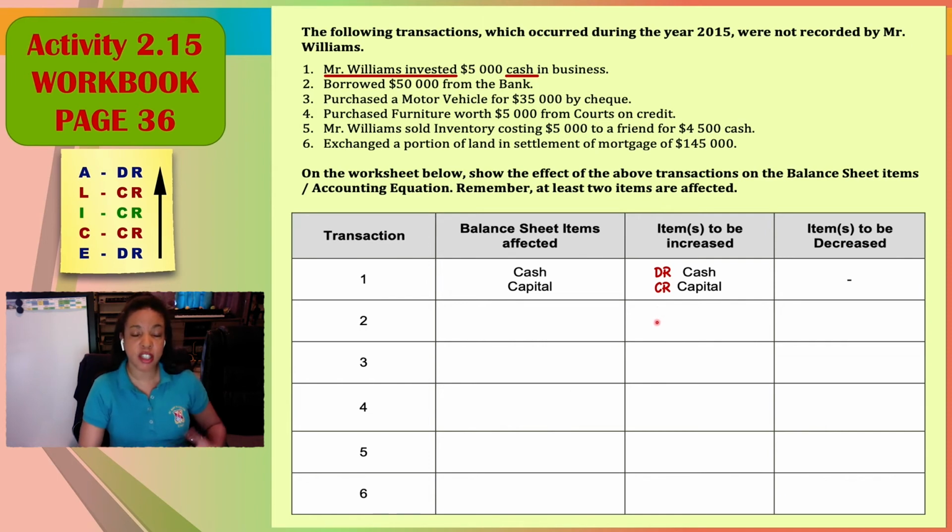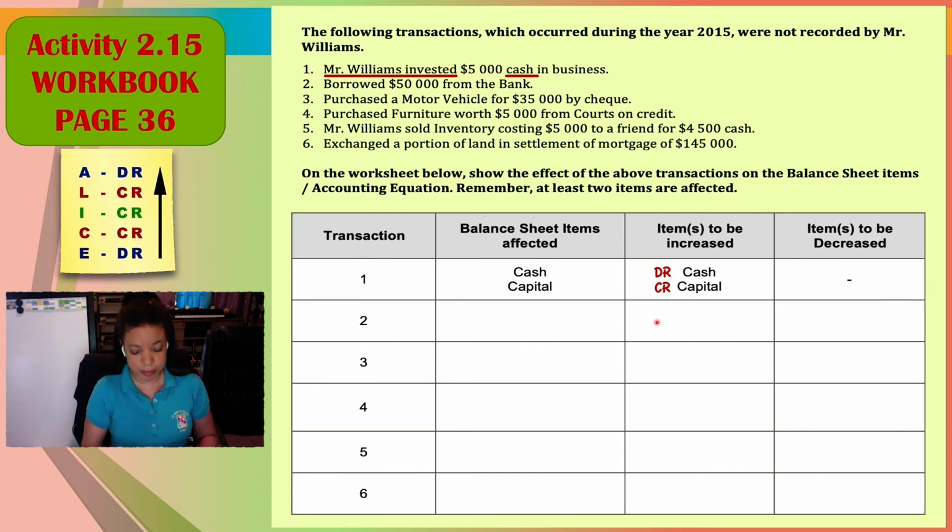Here's another thing that I did not mention before. It must be equal. So your debits must be equal to your credits. So you're debiting 5,000. We are not asking for the amounts right now, but just pointing out, if you debit cash 5,000, you're crediting capital 5,000.